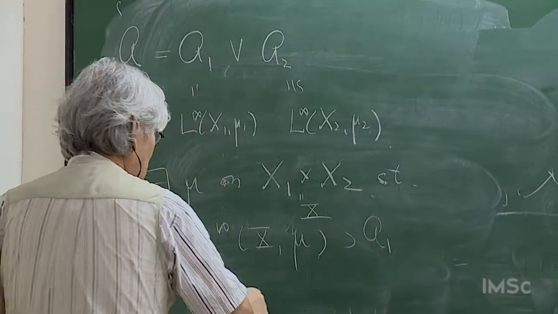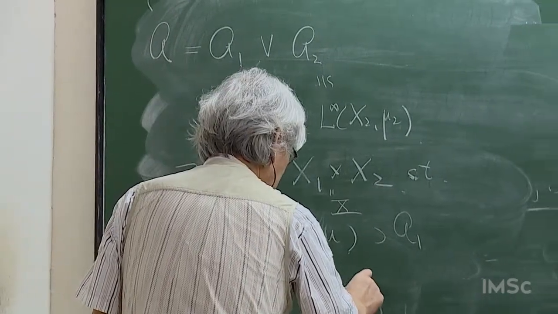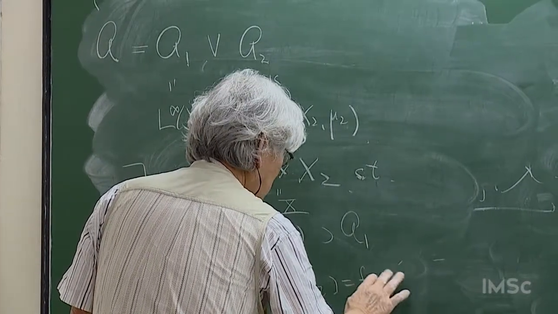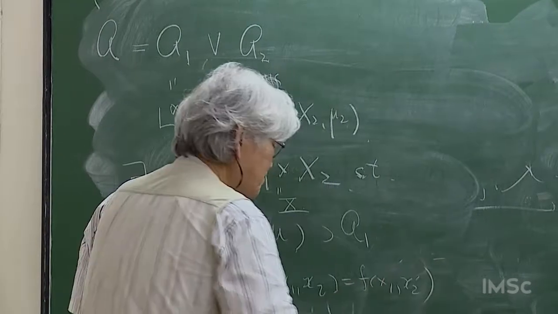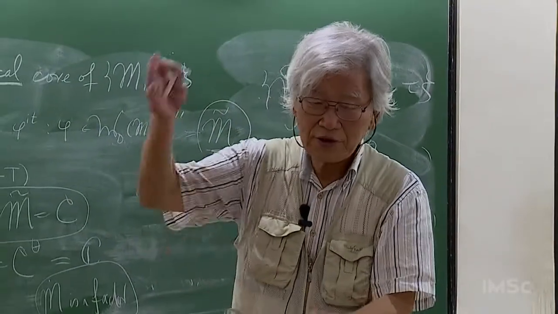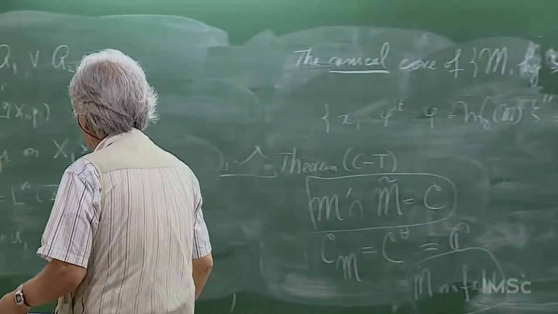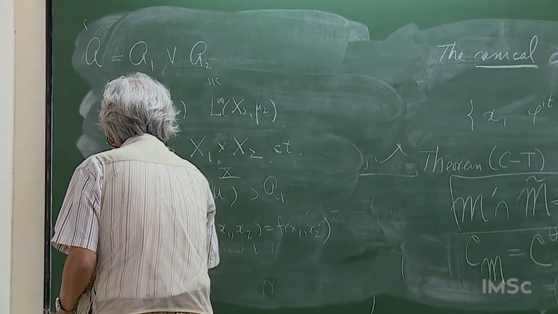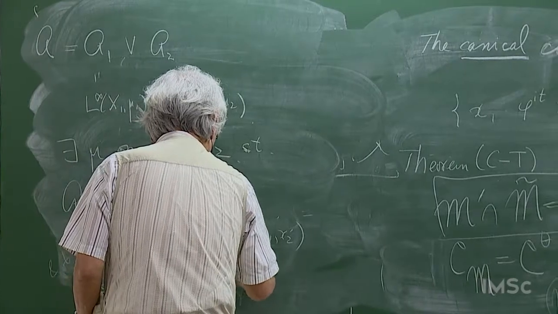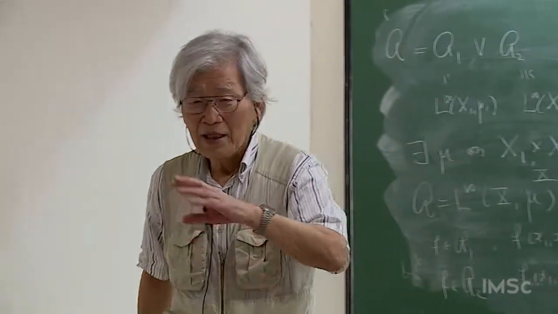How? An element f in A1 is f of x1, x2 equals f of x1, x2 prime. It does not depend on x2. It's constant along the second axis. And if you take an element in A2, f of x1, x2 equals f of x1 prime, x2, namely constant along the first coordinate.